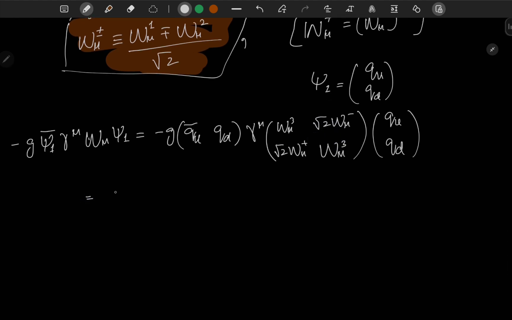Now we're going to multiply gamma with this matrix, and we get something like this: q up and q down.